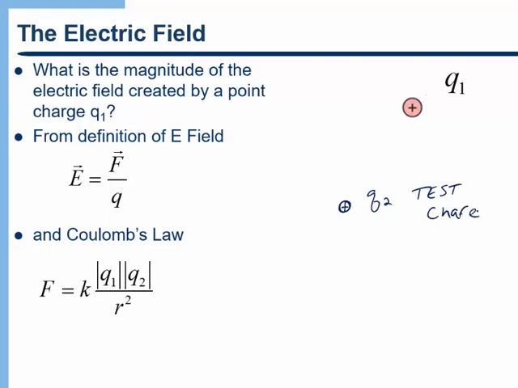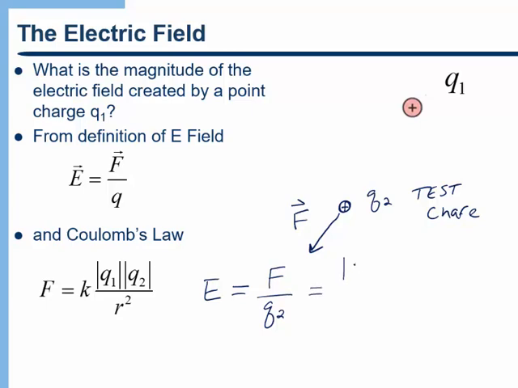And then what I need to do is figure out what is the force acting on that test charge, and then divide by the value of the test charge. Now we're here just going to do the magnitude of the field, so I'm not going to have vector signs here. So E is equal to the magnitude of the force on charge 2 divided by the magnitude of charge 2. Well, we know what the force is because we can use Coulomb's law.